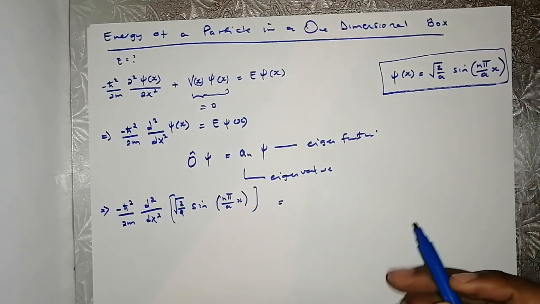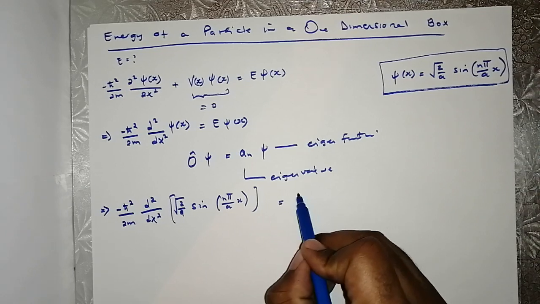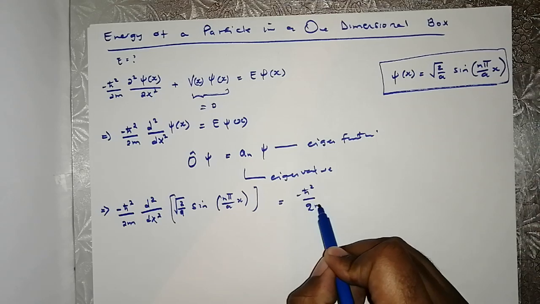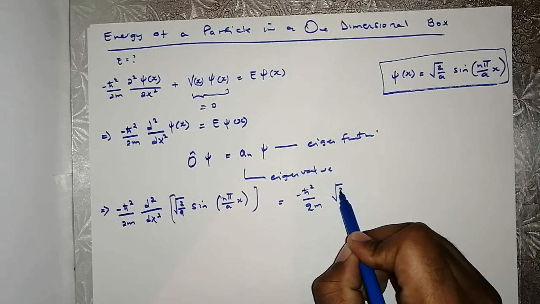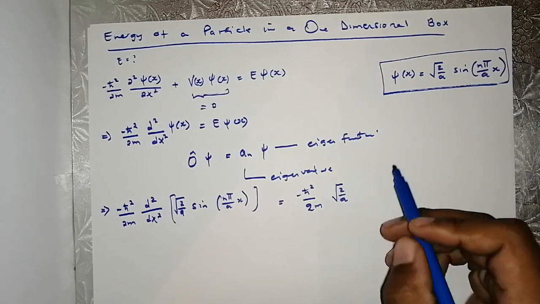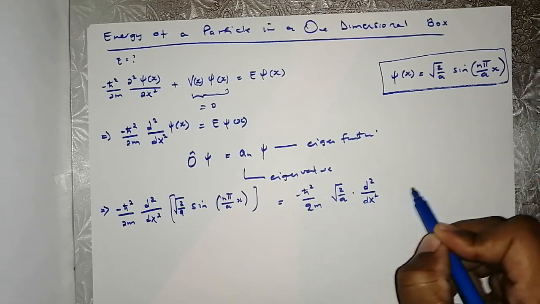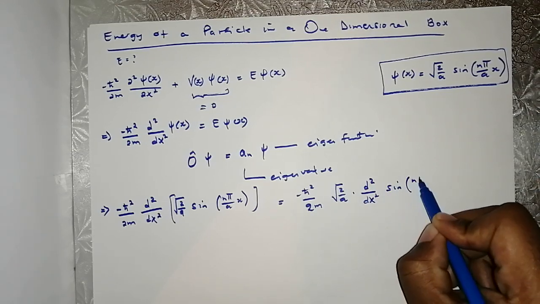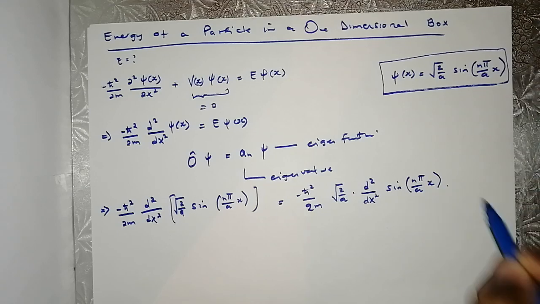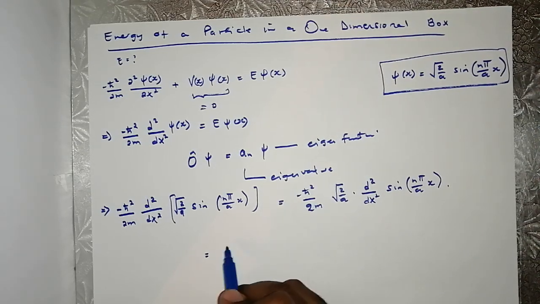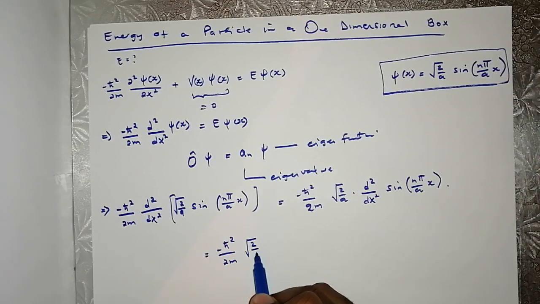Okay, first of all, we're going to factor out the square root of 2 over a and apply the operator to the sine of n pi divided by a multiplied by x. Let me just put this equal sign here for the sake of space. Okay, cool.